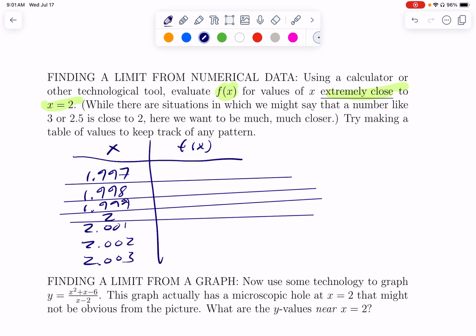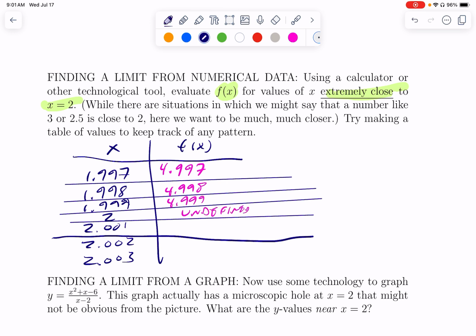So if I plug in 1.997, my answer is 4.997. Got that from a calculator. If x is 1.998, I get 4.998. Here I get 4.999. Here, we know this is undefined.